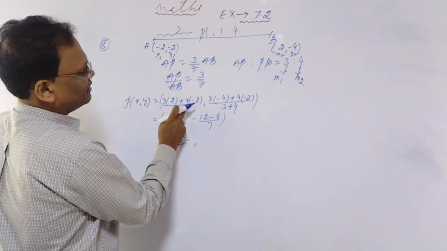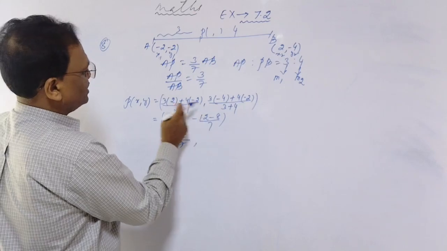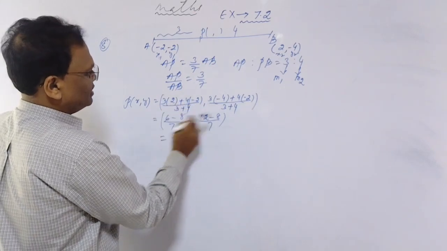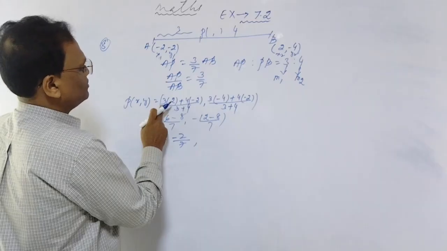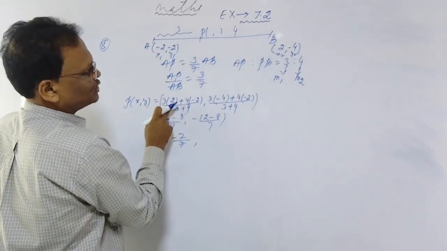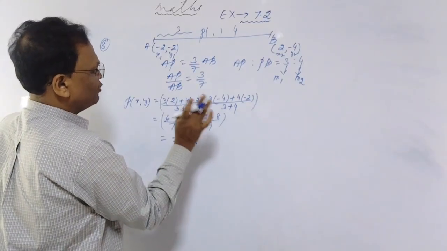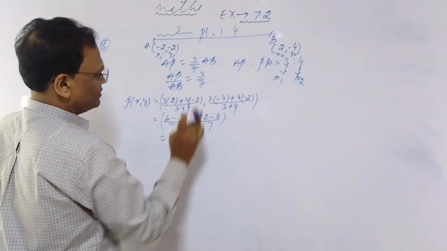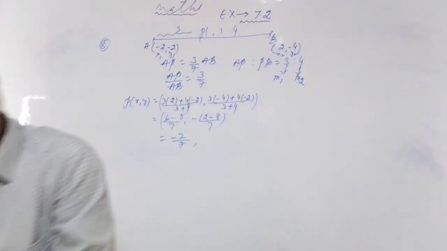So m1 x2 plus m2 x1 divided by m1 plus m2, m1 is 3, m2 is 4. Okay, so let me check once again the coordinates of the points.